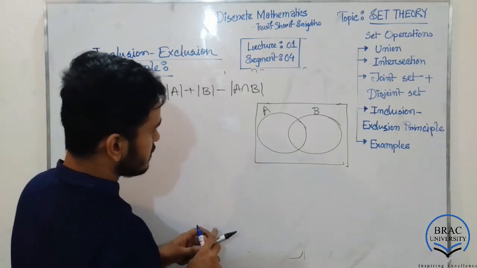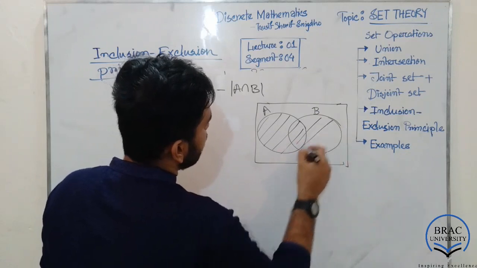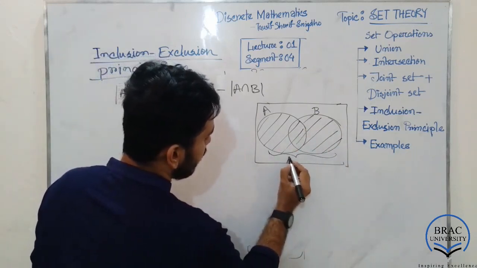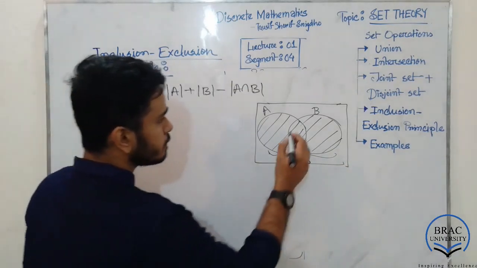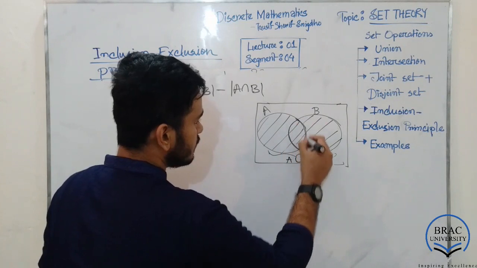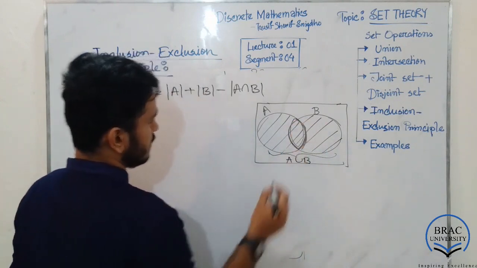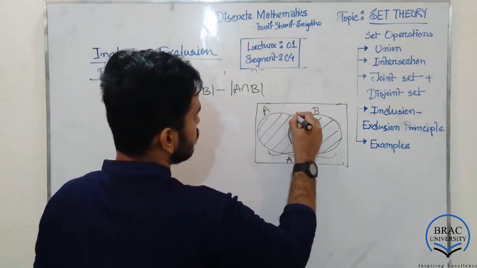So it means that this whole shaded region refers to the set A union B, right? And here, this is the common region of circle A and circle B. So, according to the definition, this is known as A intersection B.